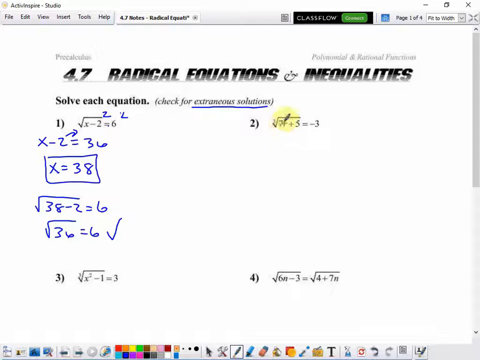In number 2, I've got a cubed root, so I'm actually going to have to cube both sides. 7r plus 5 equals negative 3 times negative 3 times negative 3, that's negative 27. So I'm going to subtract that 5.